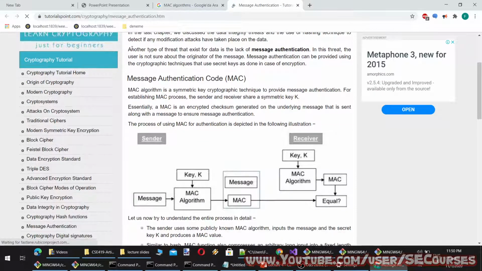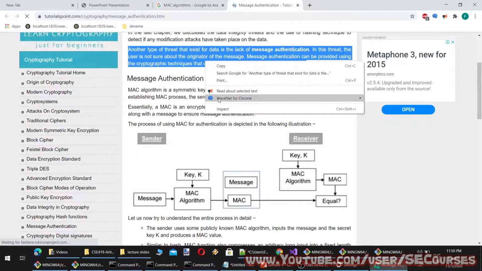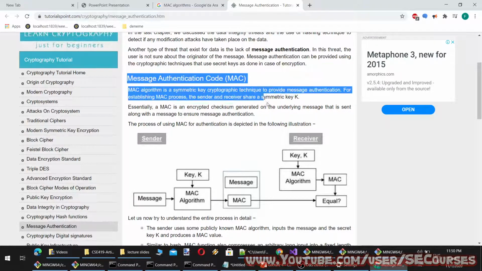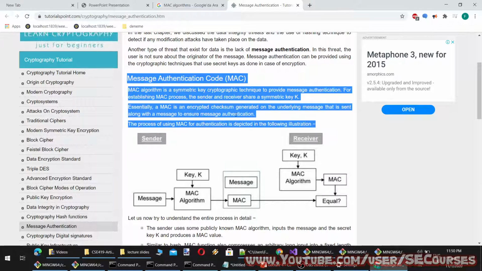Another type of threat that exists for data is the lack of message authentication. In this threat, the user is not sure about the originator of the message. Message authentication can be provided using cryptographic techniques that use secret keys, as done in the case of encryption. Let's read it.